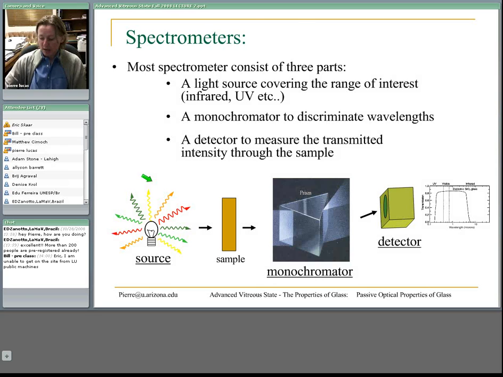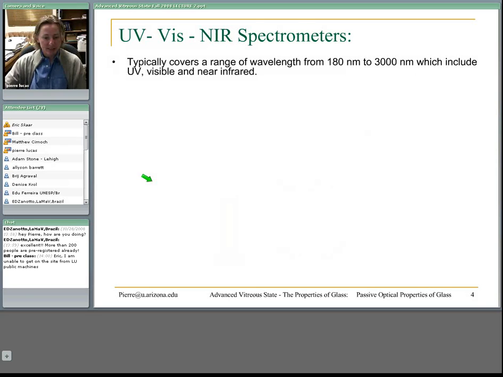The first type of spectrometer is the UV-visible and near IR, often spanning the near IR as well. This type of spectrometer typically goes from about 180 nanometers, which is well into the ultraviolet, all the way to about 3000 nanometers, which is 3 microns, well into the near IR, almost the mid IR.